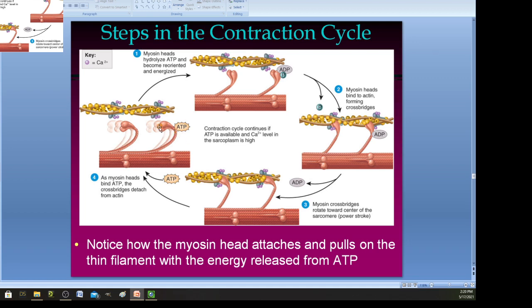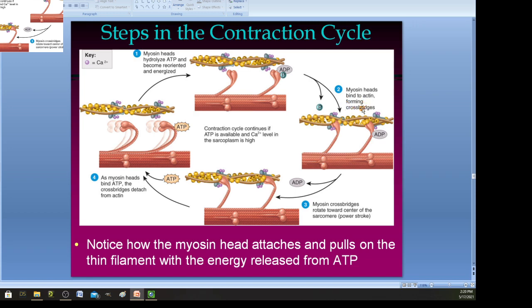But when that happens, the ATP knocks the myosin off of the actin, and then that troponin jumps on and blocks the two again. So then we're back to the first picture where we have to have another calcium come in, move the troponin. We get this charged ATP, myosin head grabbing onto the actin.